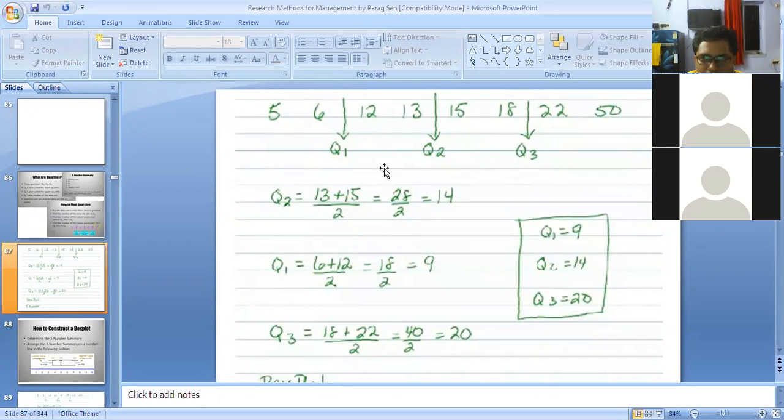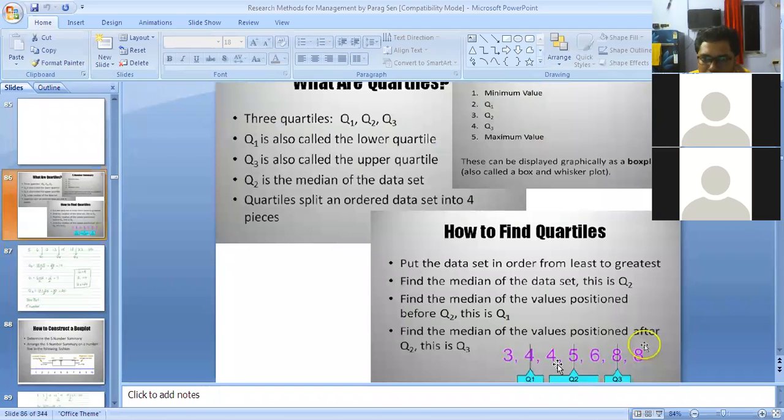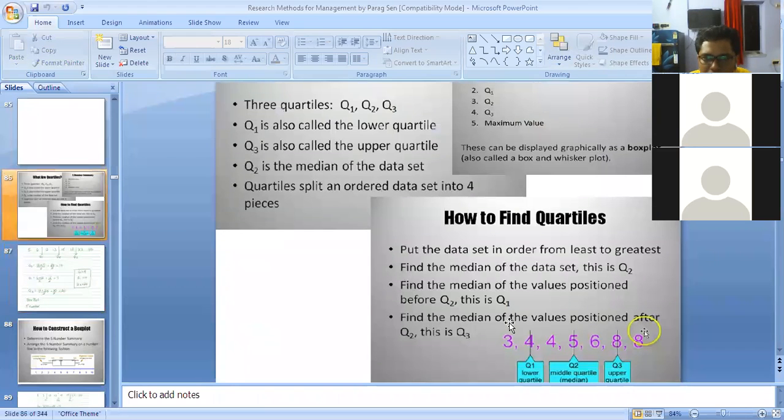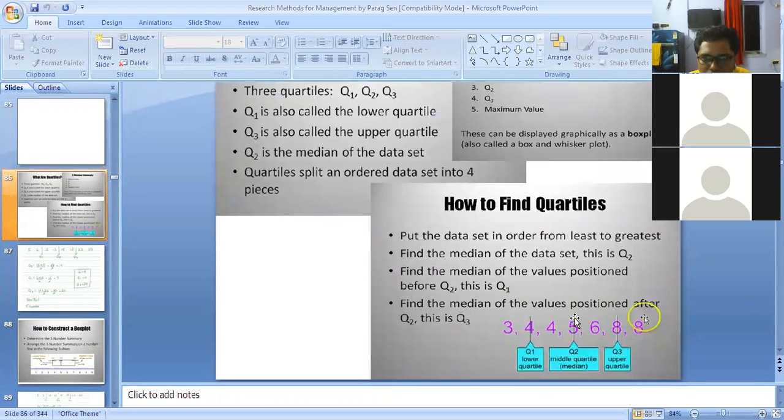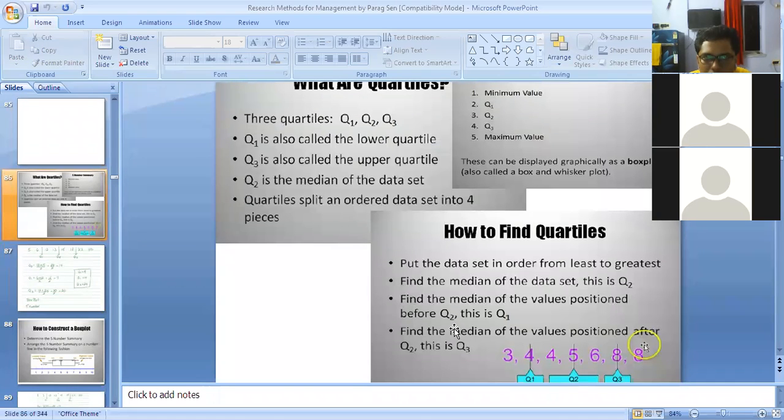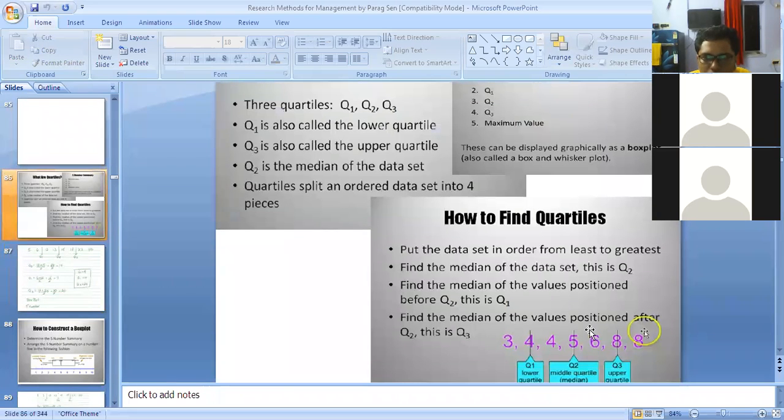There are 8 numbers, an even count. Usually if you have an odd count, it becomes very easy like this: 1, 2, 3, 4, 5, 6, 7. So you can very easily identify that this is your Q2, or your quartile.